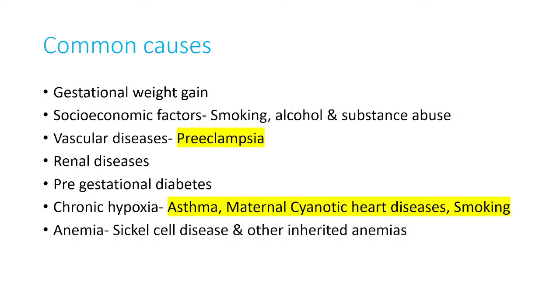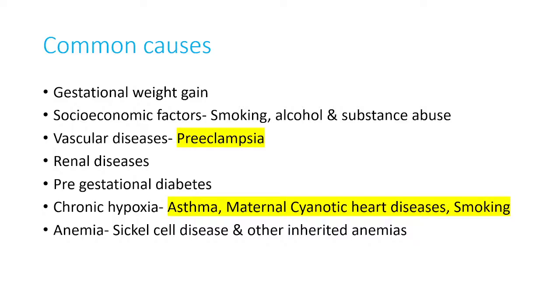Then some socio-economic factors like smoking, alcohol and substance abuse are also implicated in FGR. Then vascular diseases like preeclampsia, this is the most common cause of FGR in the clinical scenario. If preeclampsia is there, there is a high likelihood that the baby will have FGR.